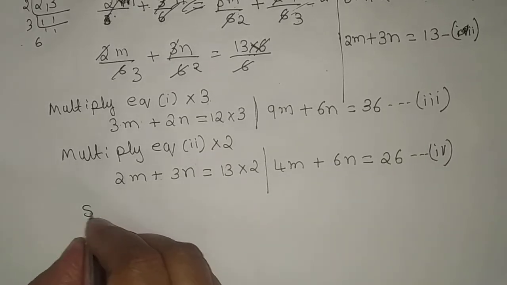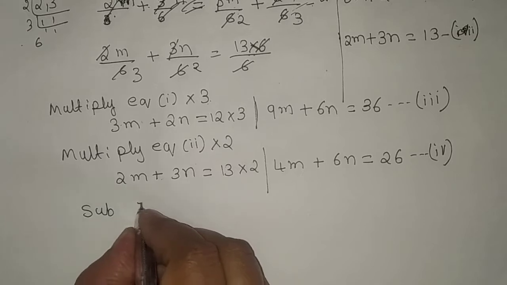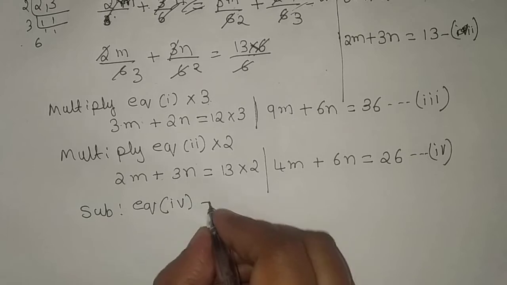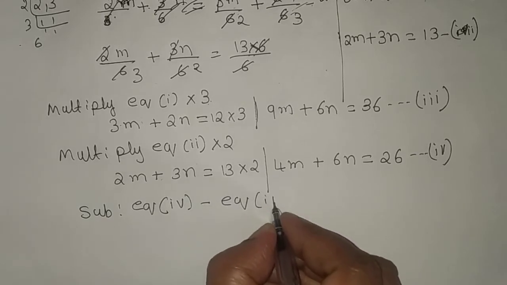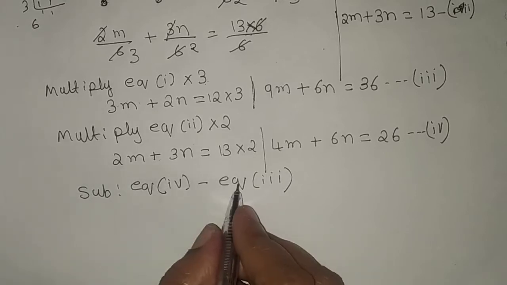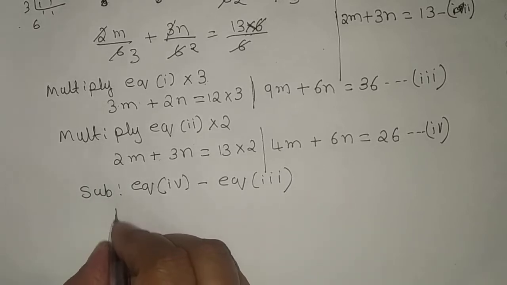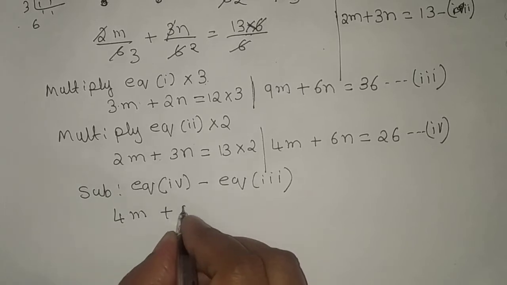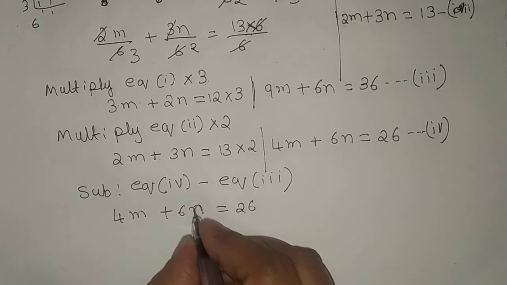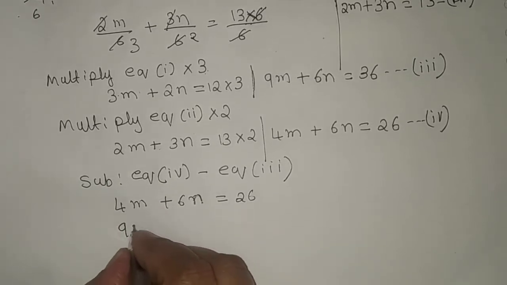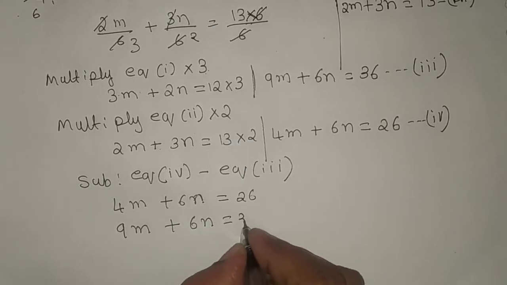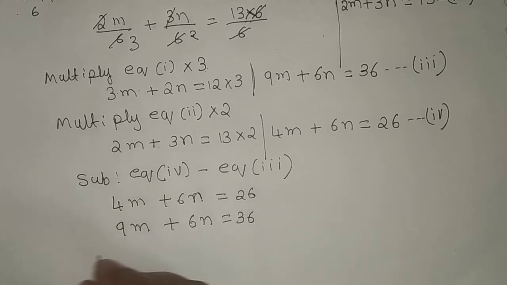After this, subtract equation 4 minus equation 3. So 4m plus 6n is equal to 26, that is equation 4, and 9m plus 6n is equal to 36 is the third equation.